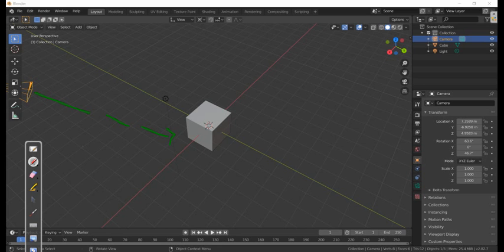Now, for the time being, let us assume that you are standing here. This is your eye, and you are looking in this direction. Now, how will everything be seen by the eye? Let me try to manipulate everything.